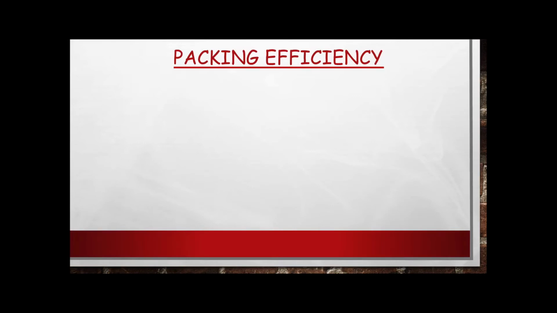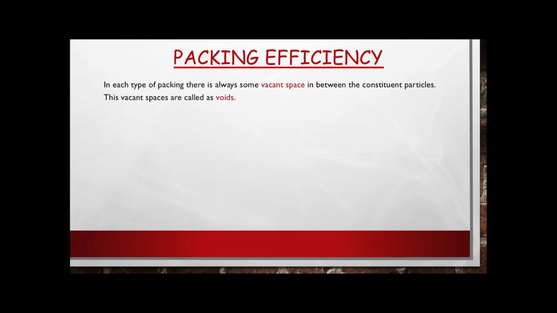Before you understand this term, you need to understand a very important line. In each type of packing you observed something. What was the observation? That all the space in the solid cannot be covered. Since the particles are spherical, there are going to be some empty spaces in the solid.